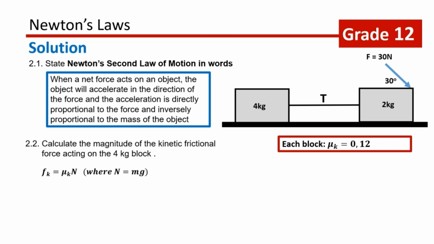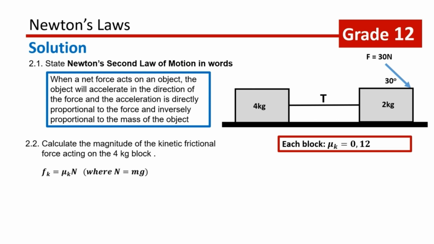Remember from the previous lessons, the normal force is always equal to mg for objects on the horizontal surface if there is no angle involved in the direction of the force.